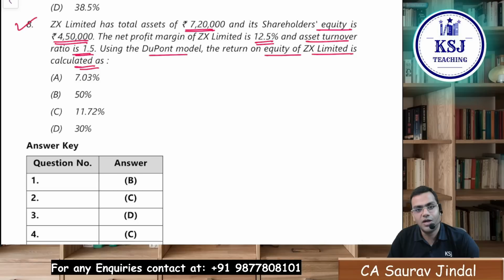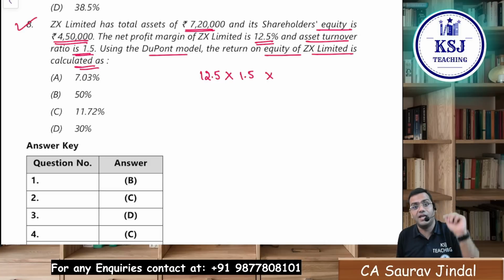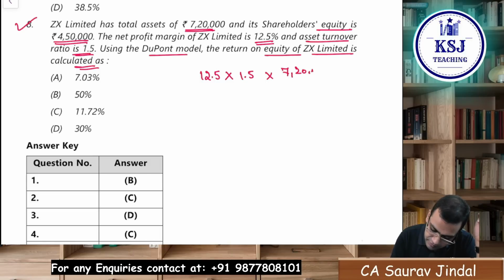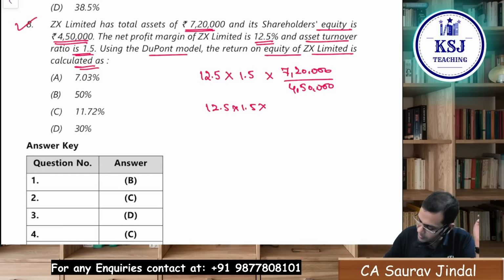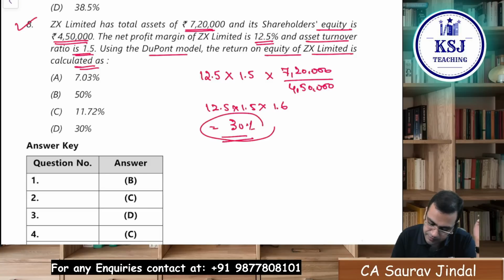DuPont analysis says net profit margin, 12.5, multiplied by asset turnover, 1.5, multiplied by total assets divided by equity, that is the equity multiplier, basically leverage, 7,20,000 divided by 4,50,000, which is 1.6. So this will come to 30%. Option D. This is DuPont analysis.